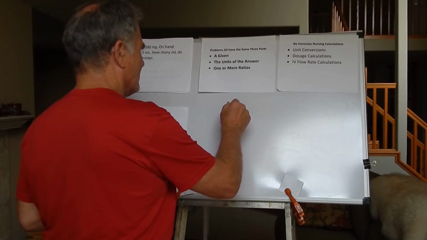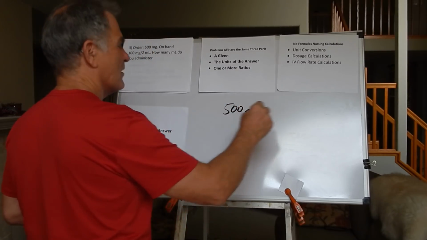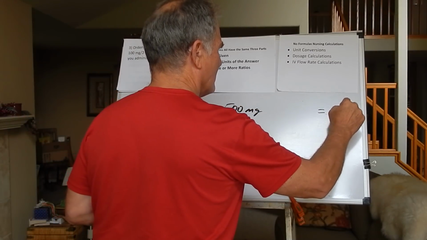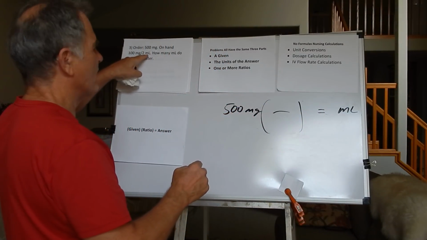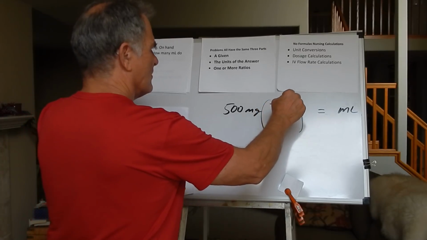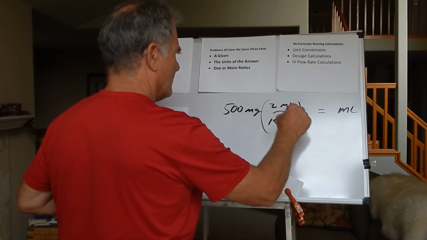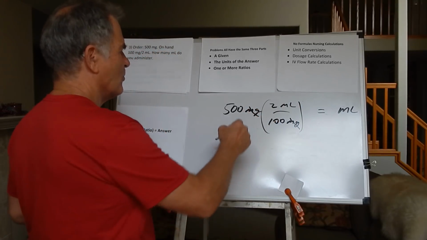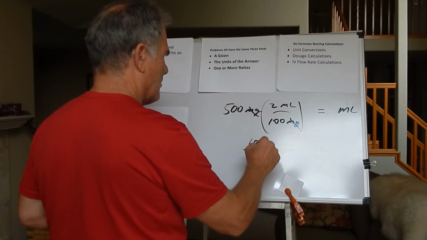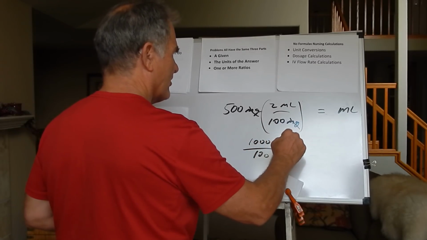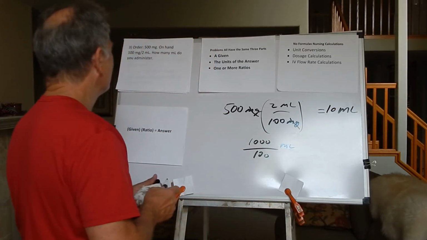So the given is 500 milligram, and you want ml, and so you have to have ml on top, milligram on the bottom. So in this one, you're going to have 500 times 2, so that's 1,000 divided by 100, and then the units are ml, so that's going to work out to 10 ml, right?